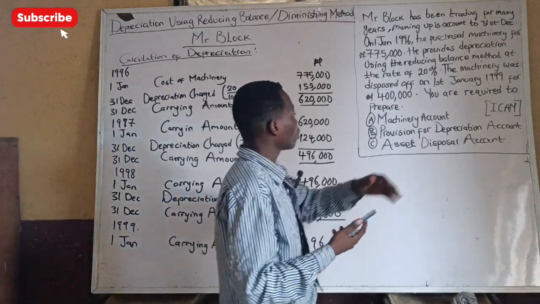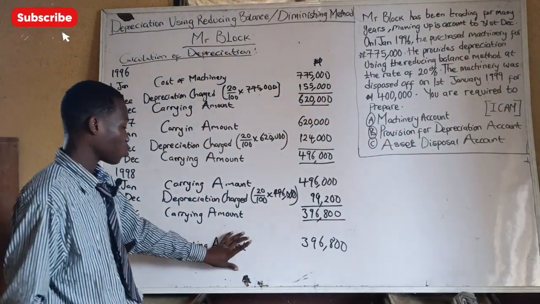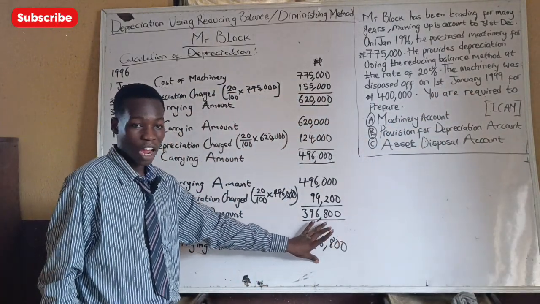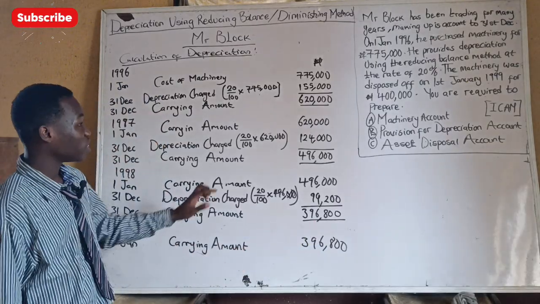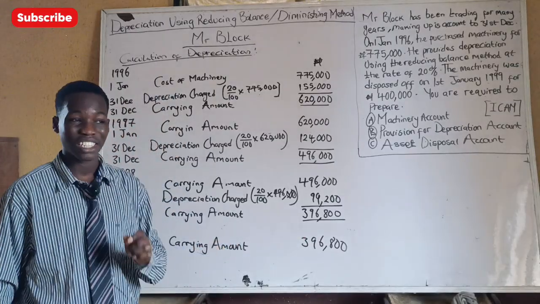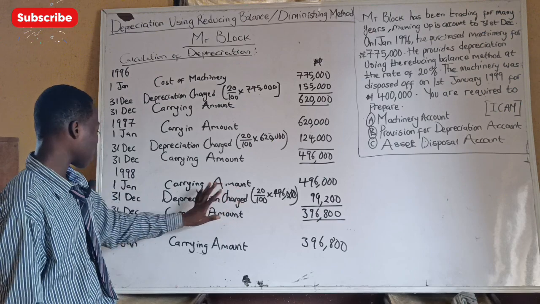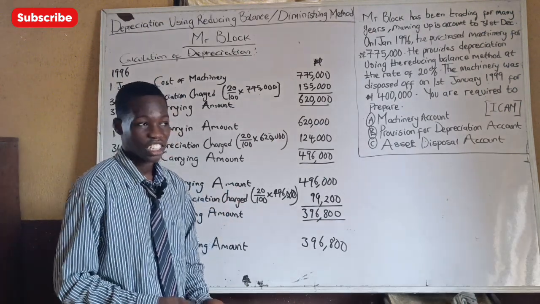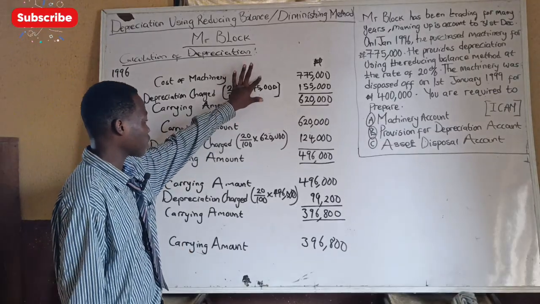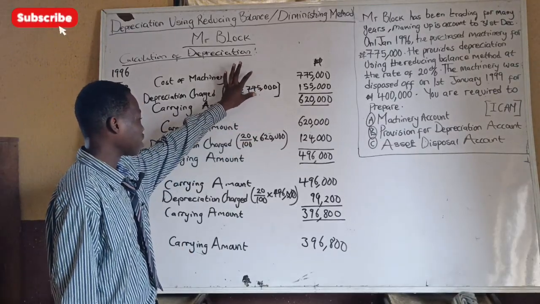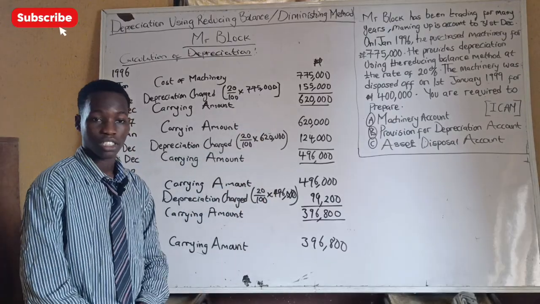Don't forget, the machine was disposed of on 1st January 1999. So this was the value, the carrying amount or net book value of the asset at 1st January 1999, which is also the value of the asset at the end of 1998. So we have calculated the depreciation. The amount charged for each year, at the end of the first year, the second year, the third year, these are the amounts charged as depreciation.